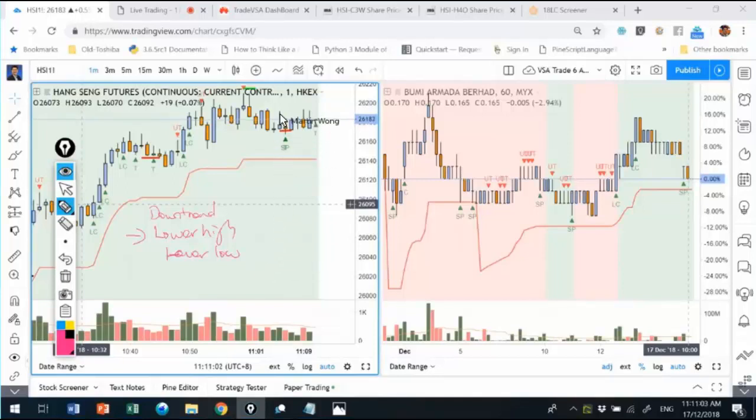So far we have this point, this point, and this one. So the market has to go lower than here. Right now, it's sort of neither here nor there. But if the market goes lower here, and the next one will be here, then we are definitely in a downtrend.